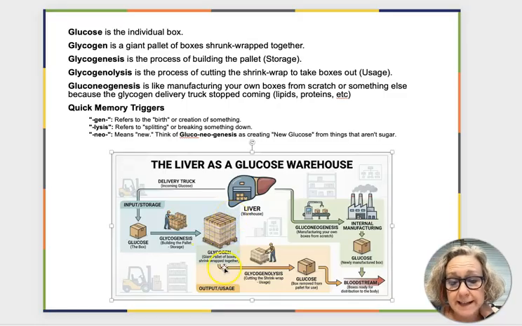When you want to break that down into smaller pockets, you're going to use glycogenolysis. Lysing, like when you lyse a cell, it means splitting or breaking. Okay? Glycogenolysis breaks it back down to glucose and puts it in your bloodstream. Okay? An alternative pathway, gluconeogenesis. I'm not even kidding.